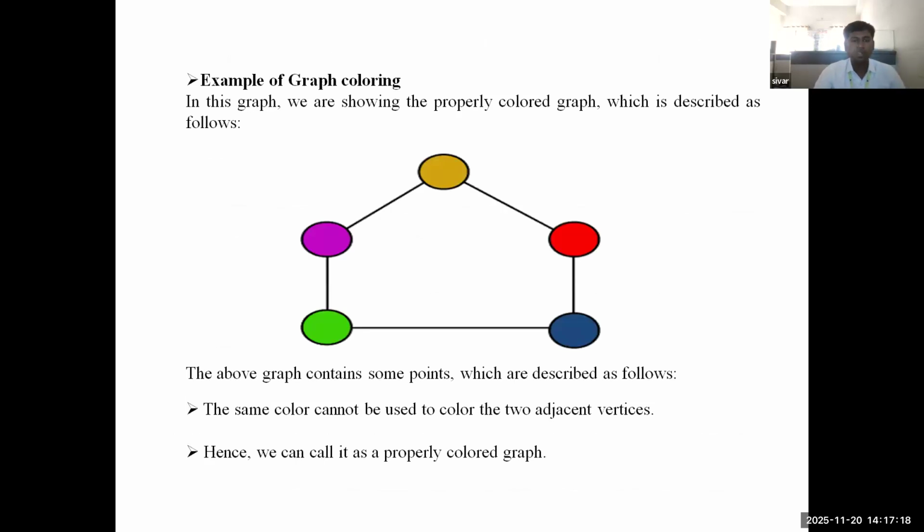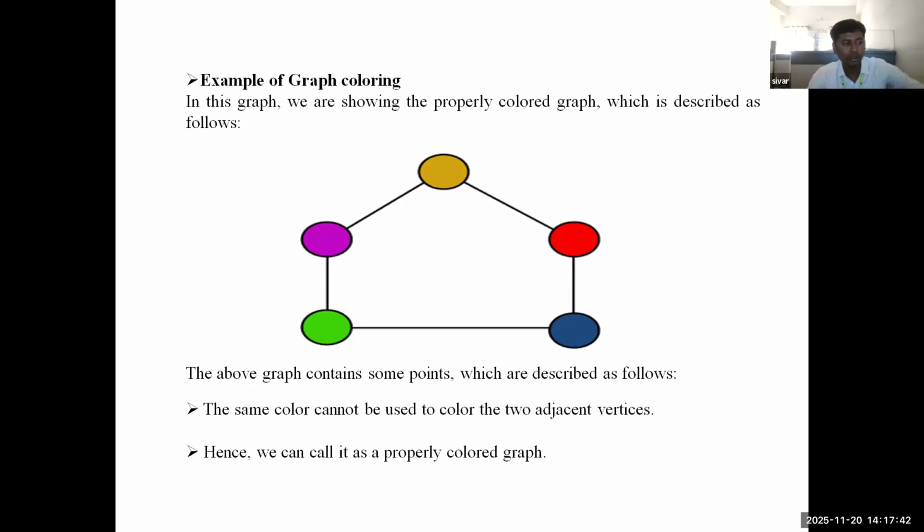Next, here are some examples of graph coloring. Here I am showing one graph. In that graph, we are showing the properly colored graph, which is described as follows. In that graph, the maximum number of colors is five. The condition is that no two adjacent vertices have the same color.